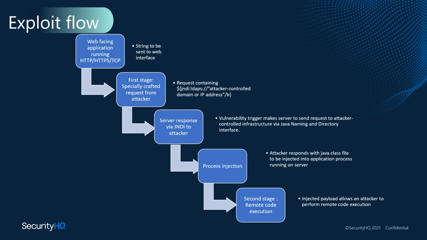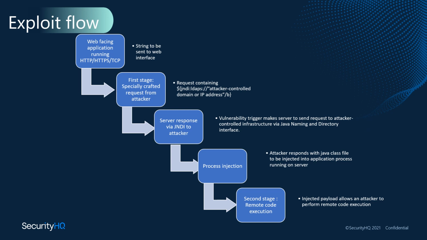Once the server makes a request to the attacker, the attacker can respond to the request coming from the server. The response will contain a Java class file. This Java class file is nothing but code which will be injected into the application process running on the server. For example, if you are running an IIS server, IIS will have a W3WP process running on the OS, and the Java class file will be injected into this process.